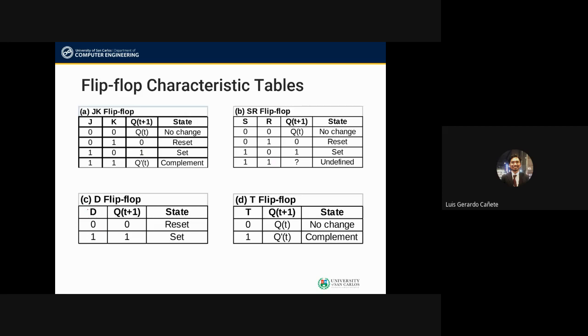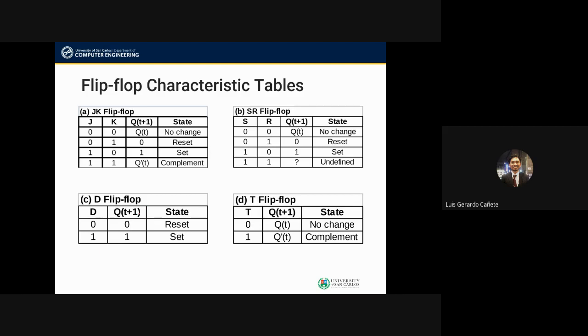The D flip-flop, once again, is pretty much the same thing as the SR or the JK, but when S and R are inverted with each other, right? So when D is equal to 0, when the clock comes, Qt just becomes 0. When D is equal to 1, the clock comes, Qt is equal to 1. Otherwise, it is always in the no change state.